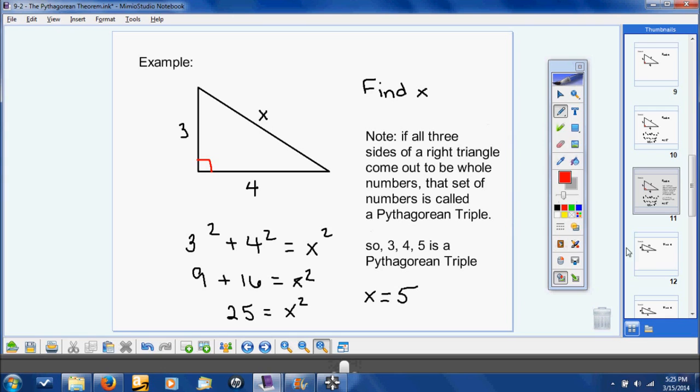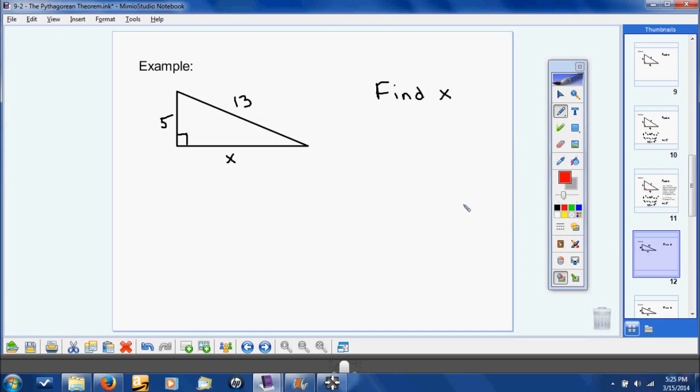Alright, let's move on. Here's another example. Still a right triangle. We need to find x. So let's get this example jotted down. Okay, we have 5, we have 13, we have x. We're supposed to find x.